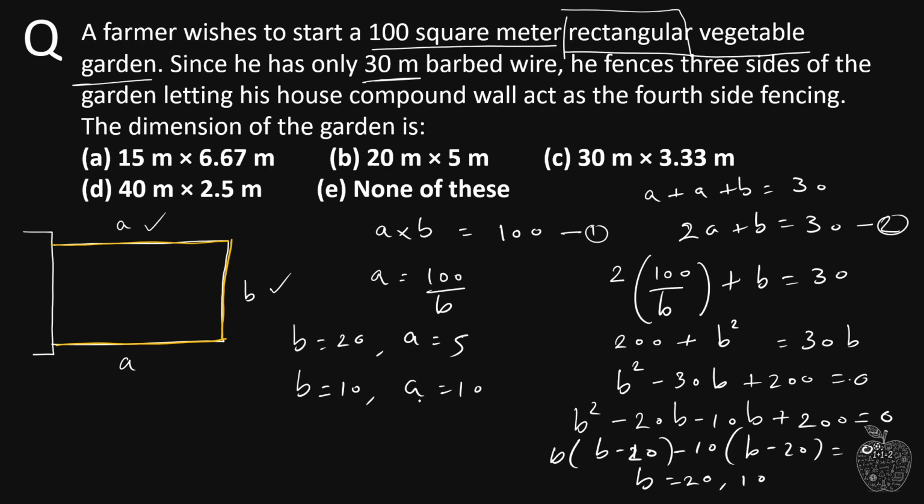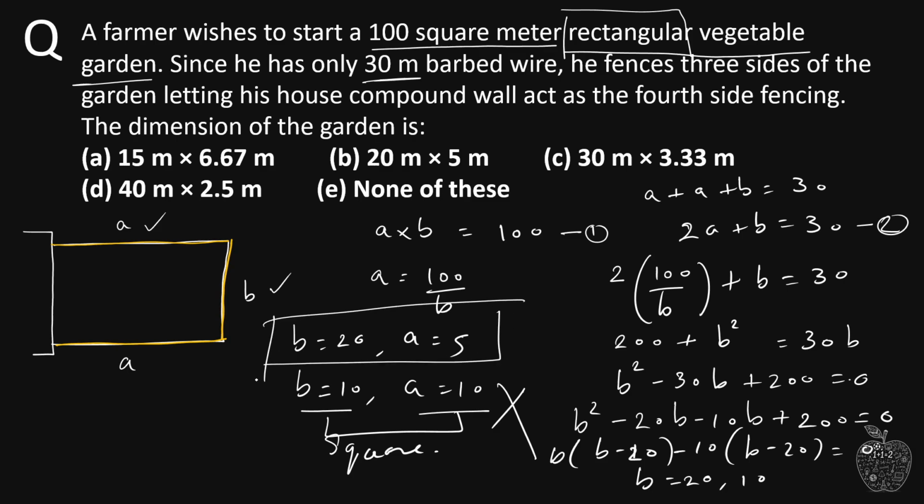So in the second case, B is 10 and A is also 10. Both are 10, and this will make a square. So we can eliminate this, and we can say that B is equal to 20 and A is 5 is the correct one. So we have got our answer, 20 meter and 5 meter, and this is the correct answer. So here option B is the correct one.